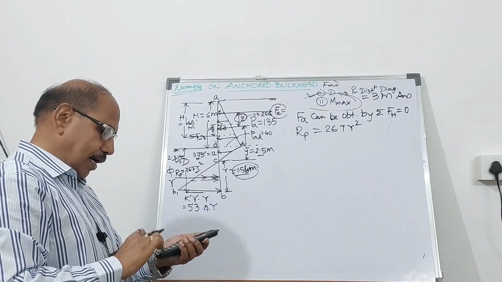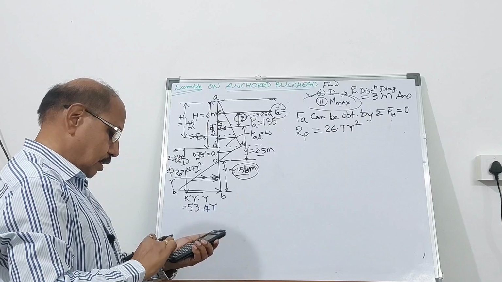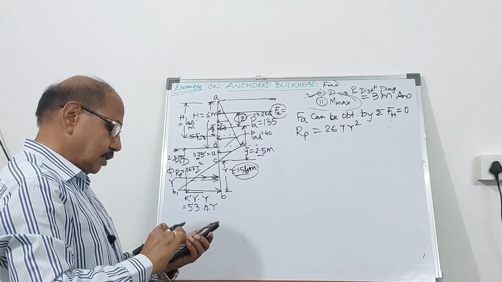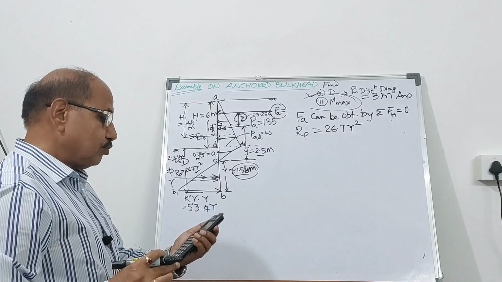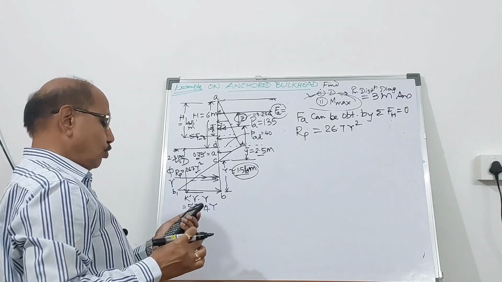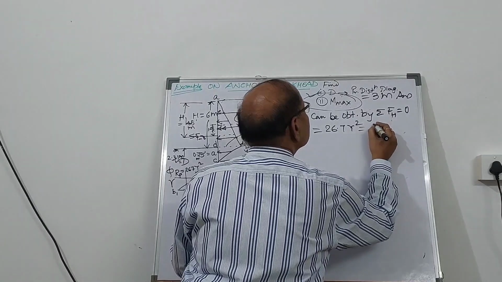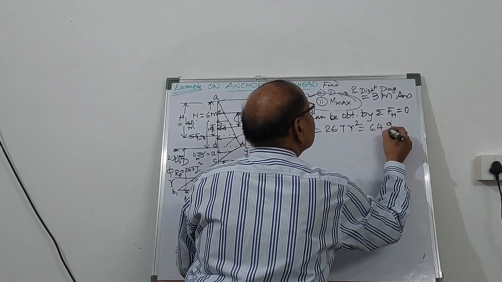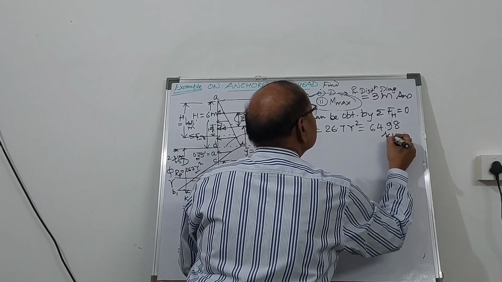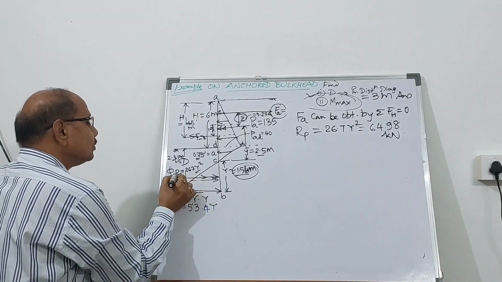So 26.7 multiplied by 1.56 square gives you 64.977, this becomes 64.98 kilonewton. The value of RP is known to me.